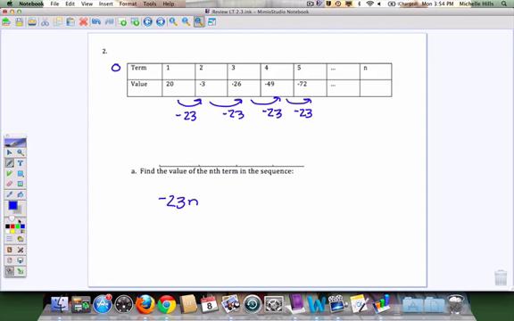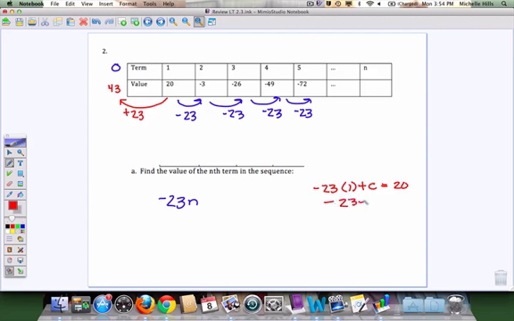Well, 2 ways to do that, and again, showing me work is good. If I'm decreasing by 23 every time I'm moving to the right, then I would be increasing by 23 when I go backwards. 20 plus 23 is 43. I could also say, well, I know that if I take -23 times 1 and add whatever constant I'm looking for there, it's got to give me the answer of positive 20.